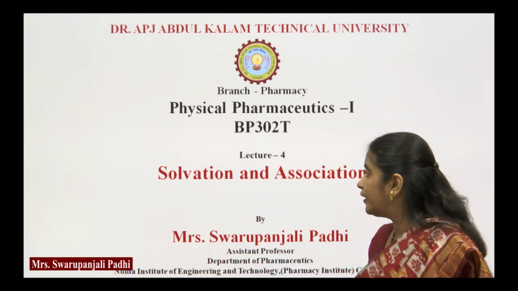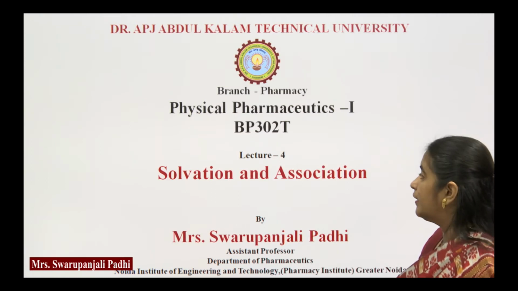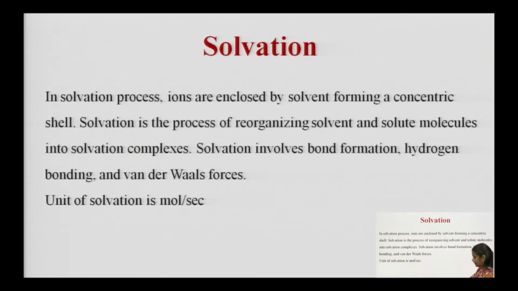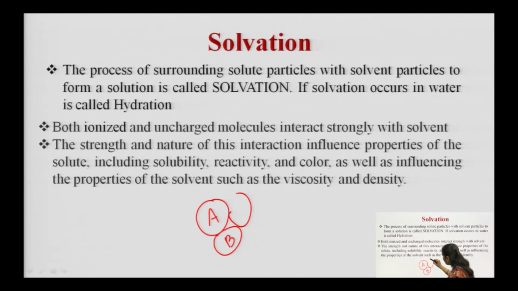Today we are going to study solvation and association. First, the solvation process is when the solute molecule, suppose we take this as solute molecule A, is surrounded by the solvent molecule, B, taken as the solvent molecule.